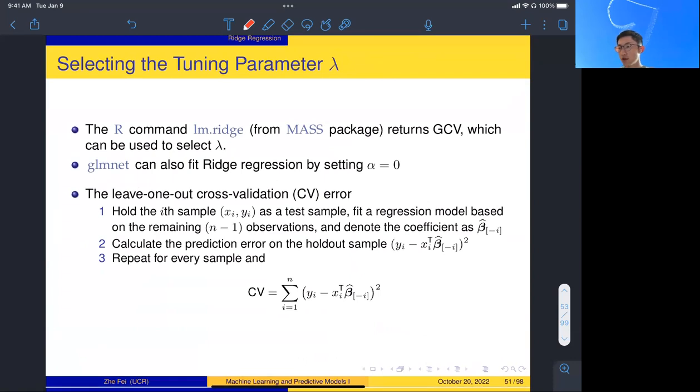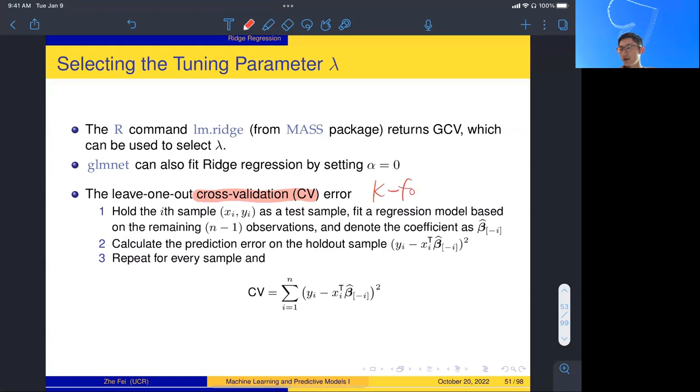we could use the cross-validation idea. The fundamental idea is that you want to use an unbiased prediction error to choose your best model. That's when cross-validation comes into play, because through cross-validation we can estimate the prediction error. Specifically, there's a technique called leave-one-out cross-validation, instead of k-fold cross-validation.